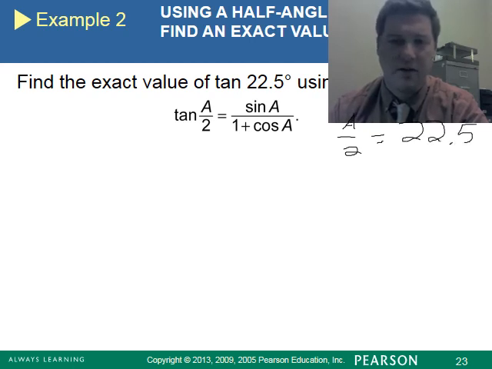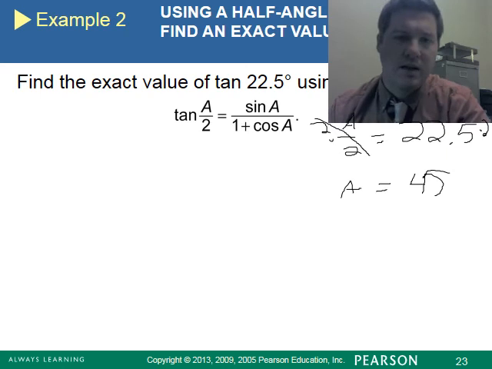That's my half angle, which means multiplying by 2 cancels the 2 over here, and we see just A. And 22.5 times 2 is 45. So that's kind of where you're starting.